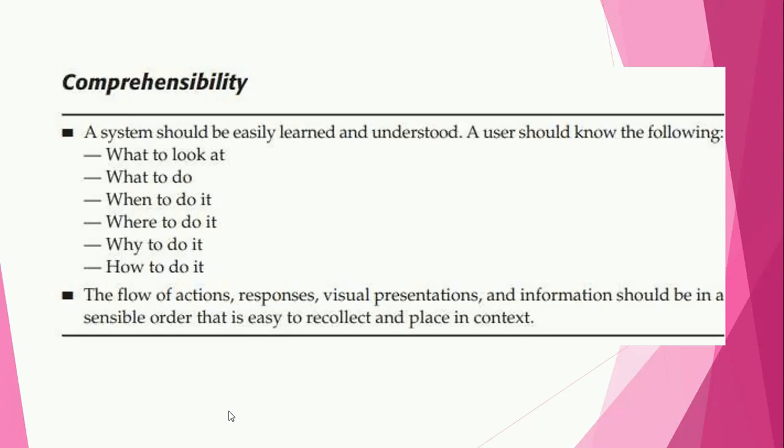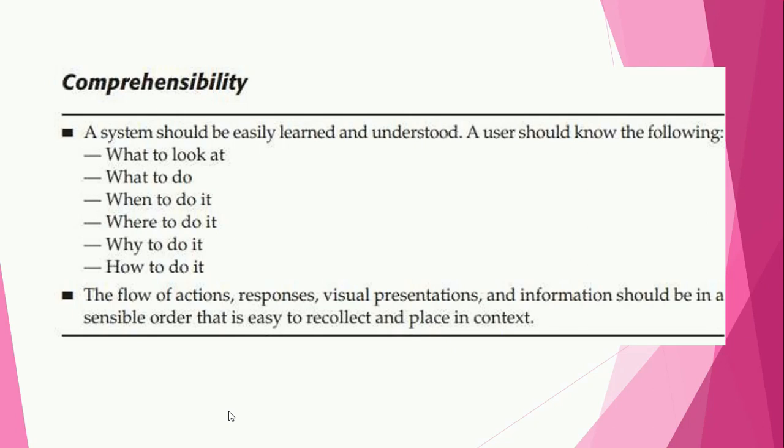Comprehensibility. A system should be easily learned and understood. A graphical user should know the following: what to look at on the screen, what to do, when to do it, where to do it, why to do it, and how to do it.